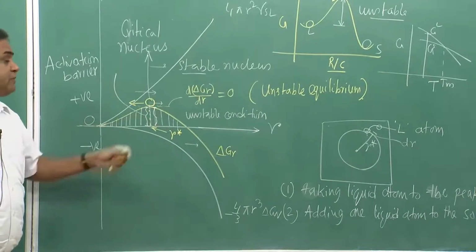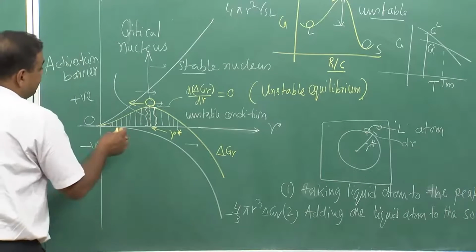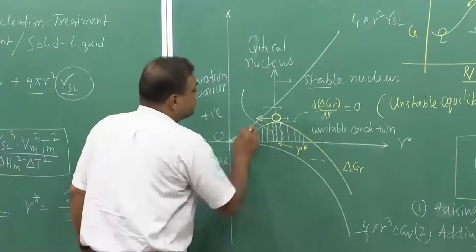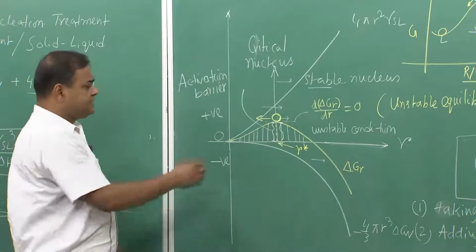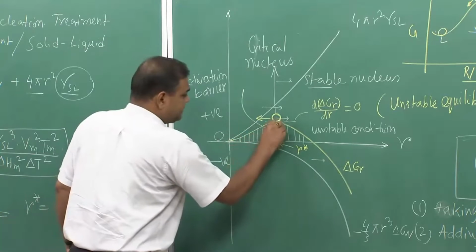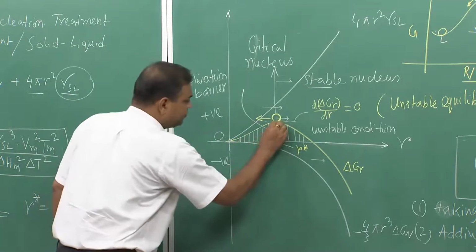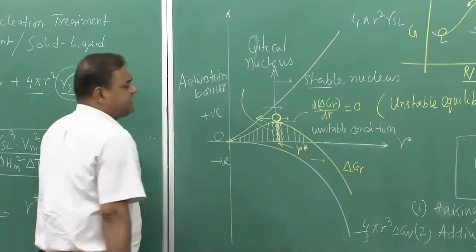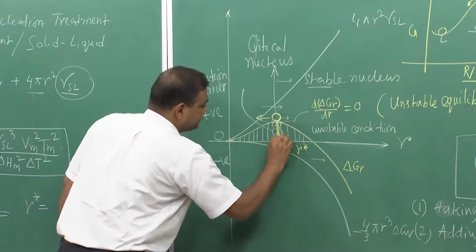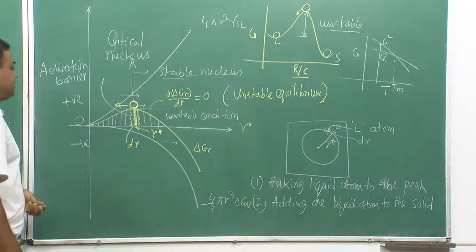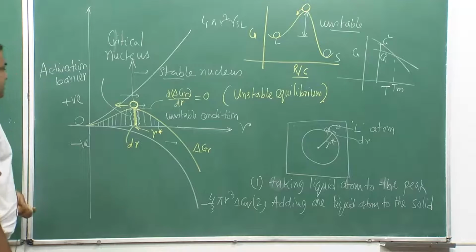My operation is over. For example, let us say there is a possibility of 100 of such critical nucleus to go to the next layer. If we consider this particular zone to be the increase in size, which is del R, and this del R is becoming this due to the addition of one liquid atom to the critical nucleus.